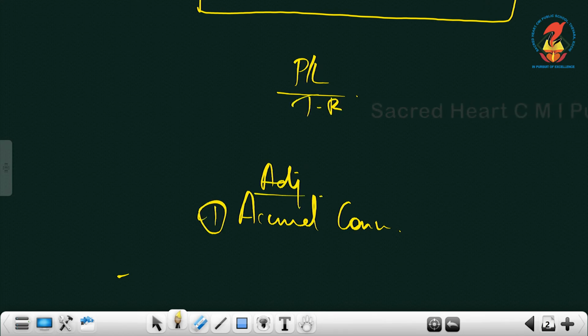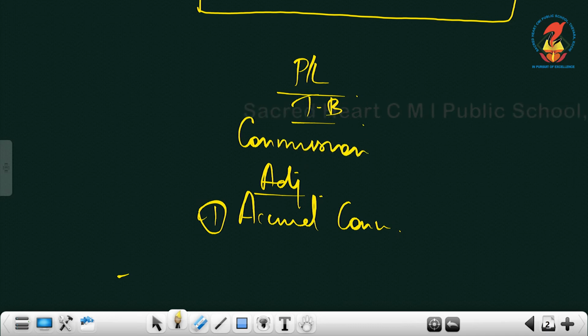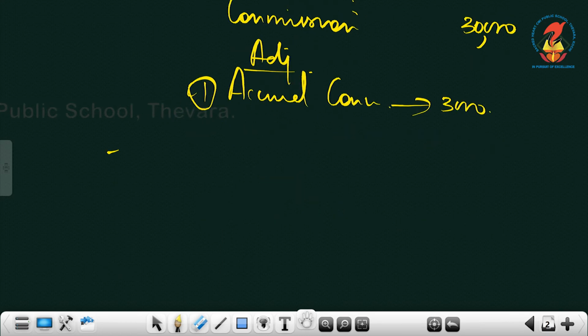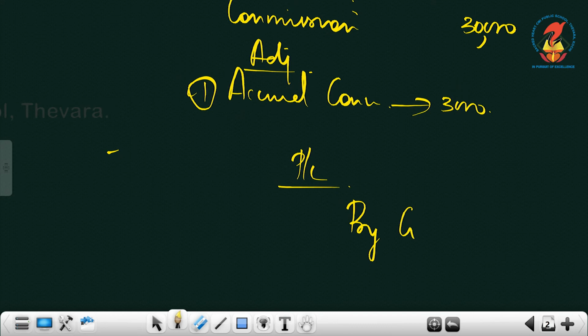Then inside the trial balance you have an item like commission, and the amount given is 30,000. Accrued commission is given 3,000. So commission, where will you record in the financial statement? It must be recorded on the credit side of P&L. Why on the credit side?